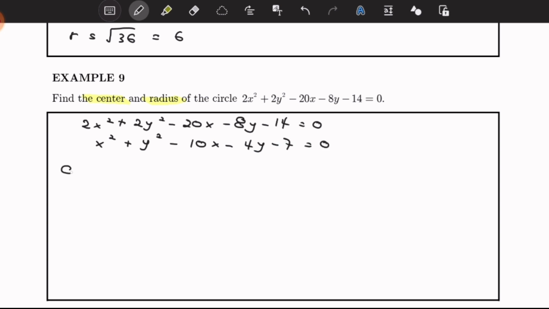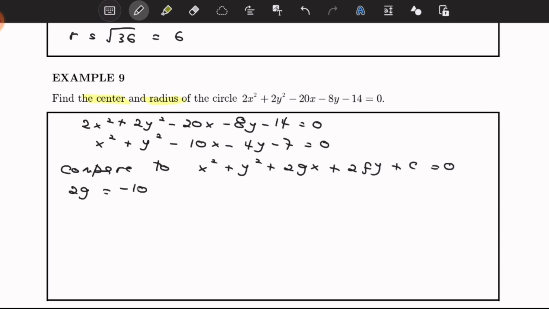We are going to compare to the general equation of a circle, which is x squared plus y squared plus 2gx plus 2fy plus c equals 0. So we can see that 2g equals minus 10 and g equals minus 5.